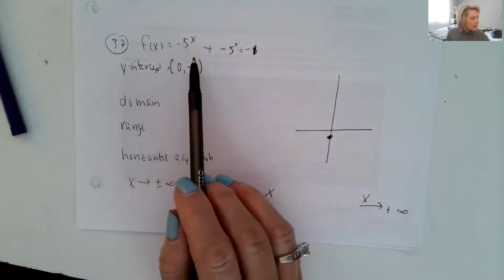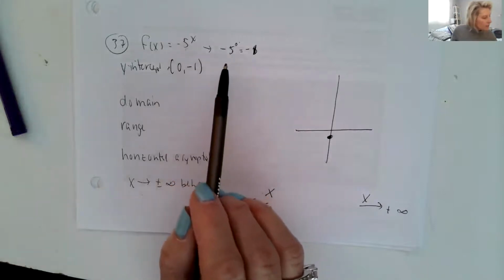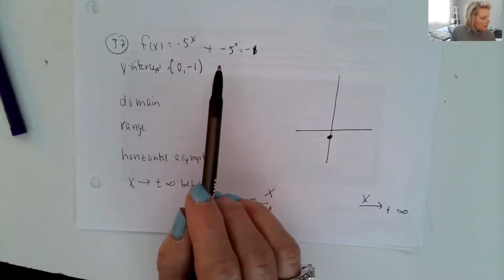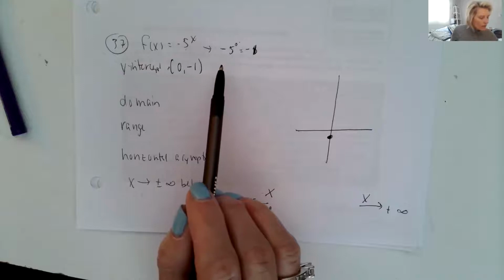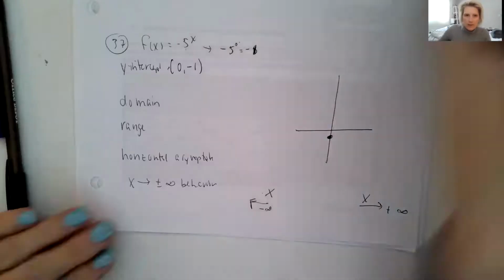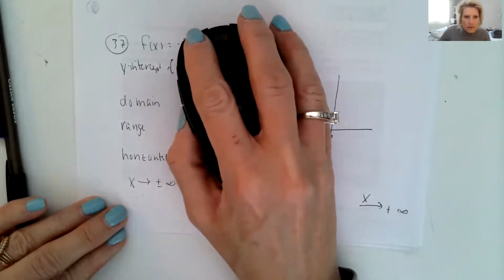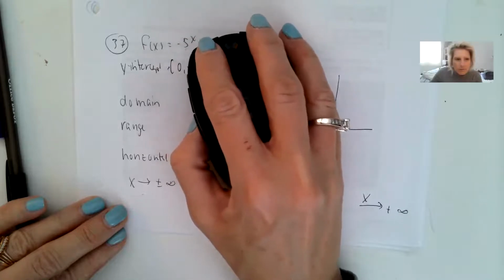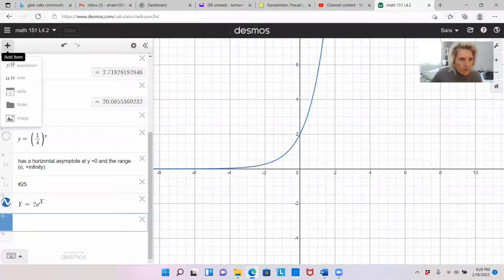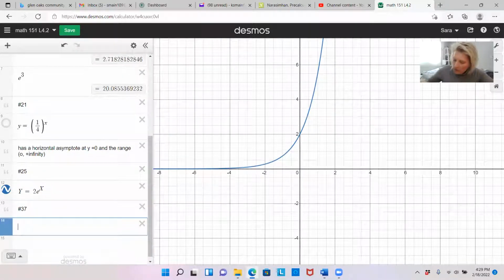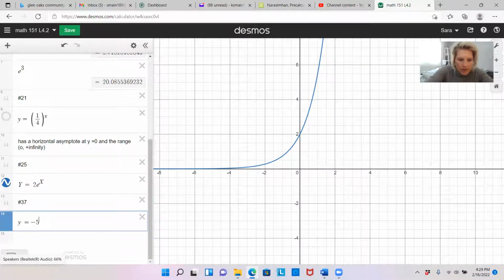You can see some of these, there is one on page 334. So I want you to see this one here for number 37. Let's go to Desmos. I'm going to put in y equals -5 to the x.